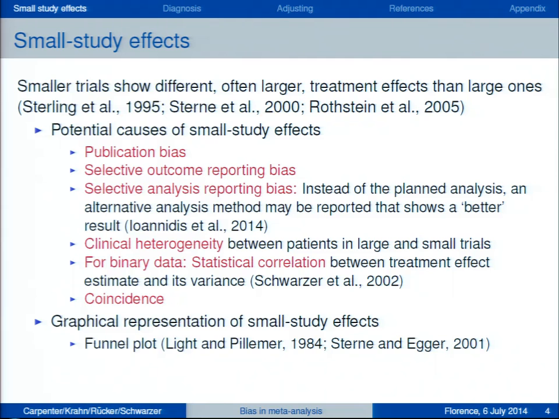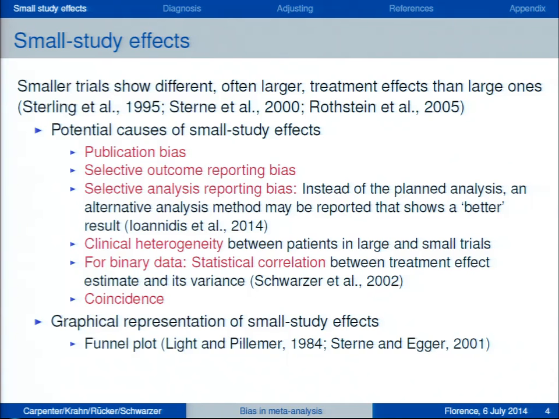And for binary data, there's also a statistical correlation between the treatment effect estimate and its variance simply by definition, because the definitions use the same entries of the 2x2 tables, and so they are correlated completely independent of bias. And finally, there might be simply coincidence, so that small studies simply by coincidence might show other effects.